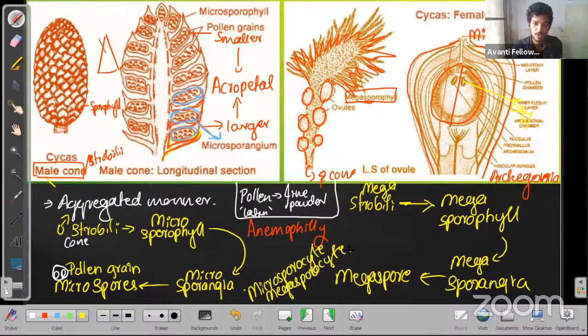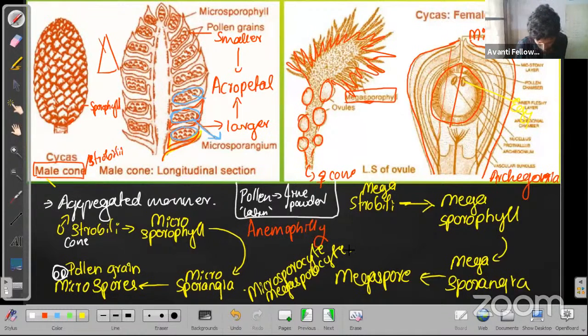Don't think that microspores and microsporocyte are the same. The microsporocyte gives the microspores, and the megasporocytes, or megaspore cells, give the megaspores. You can call them mother cells: microspore mother cell and megaspore mother cell.